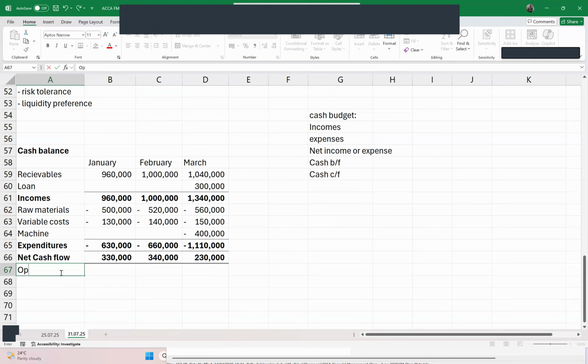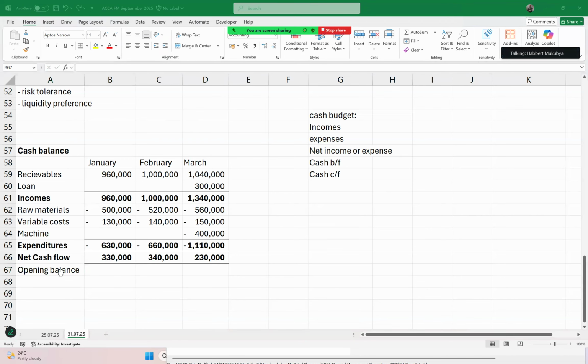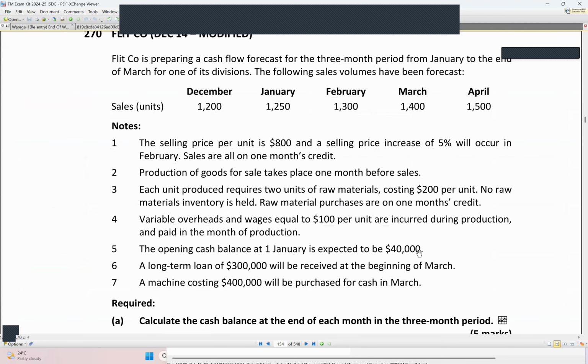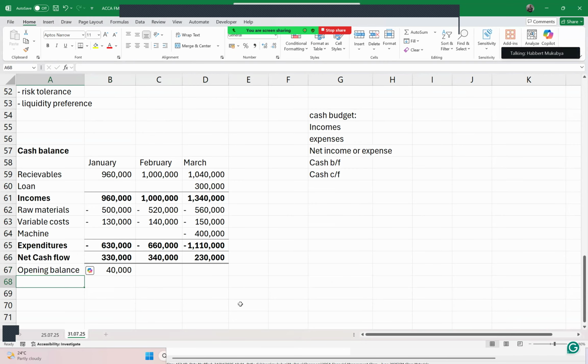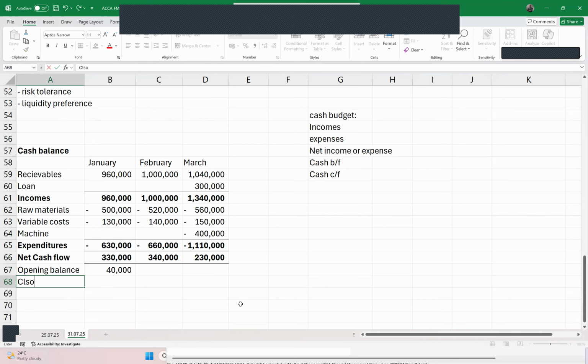opening balance or the cash brought forward. So the opening balance they told us was going to be 40,000 in January. Now, to get the closing balance, if you had 40,000 and you have another 330, basically it's the sum of this and this.